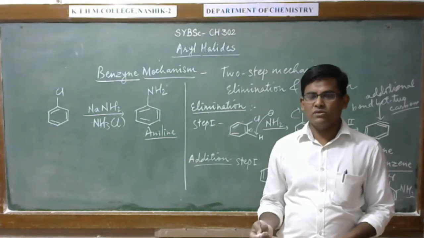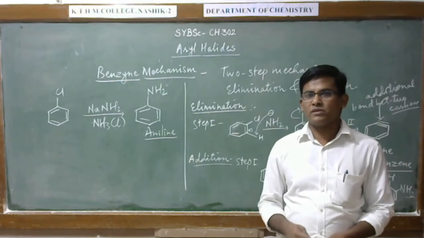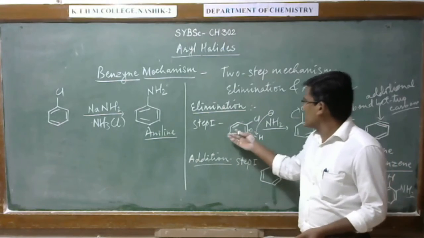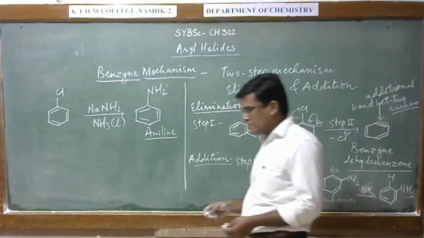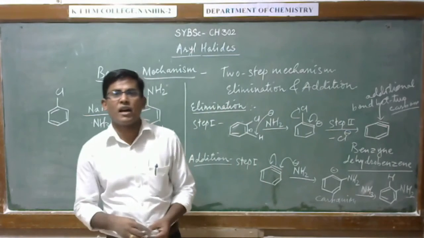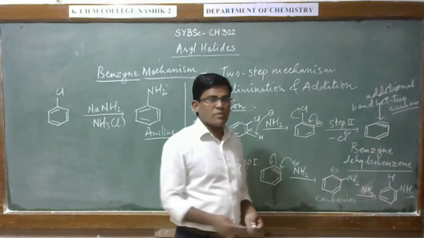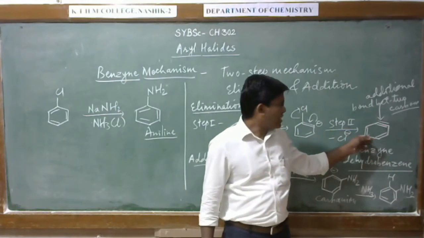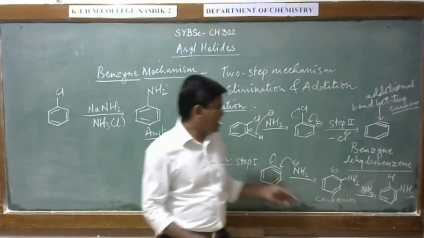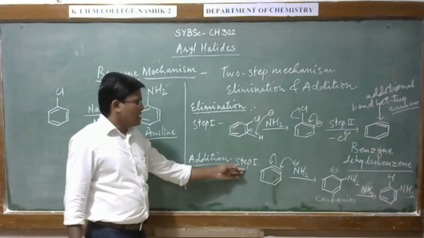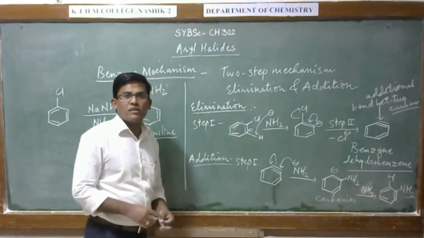Elimination also has two steps. In the first step, it will generate this anion. In the second step, this chloride ion will depart to give this benzyne. And in the addition stage, there are also two steps.